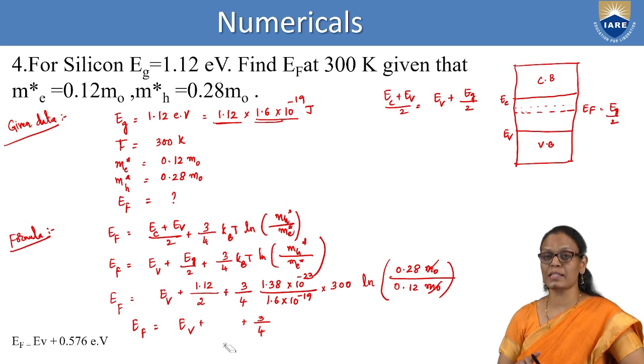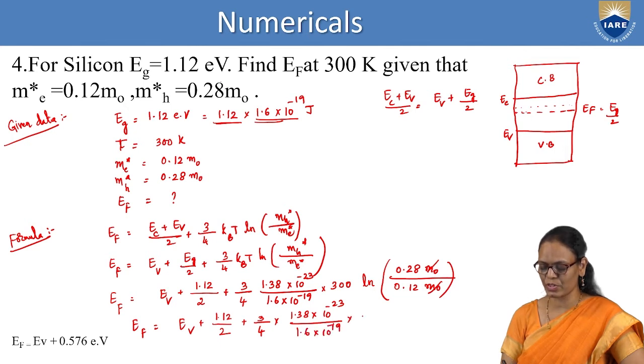We can use the calc to find the value. 1.12 by 2 plus 3 by 4 into 1.38 into 10 power minus 23 by 1.6 into 10 power minus 19 into 300 into ln 0.28 upon 0.12.